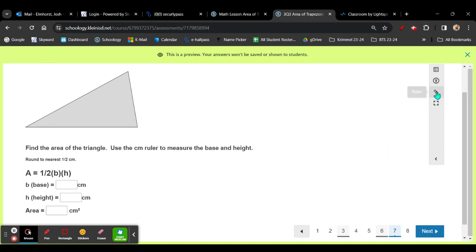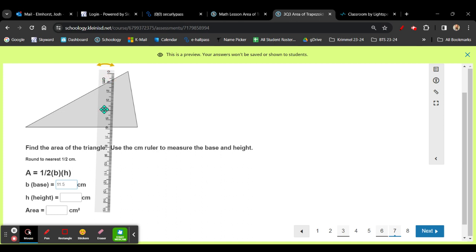All right, number 7, the base measure. We're going to treat that just as the bottom of the shape. So it looks like the base measure of this triangle is 11.5. Now, we're not going to measure the diagonal or slant sides.